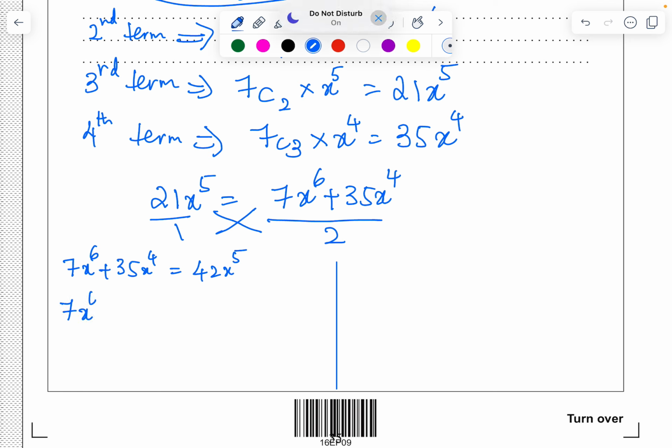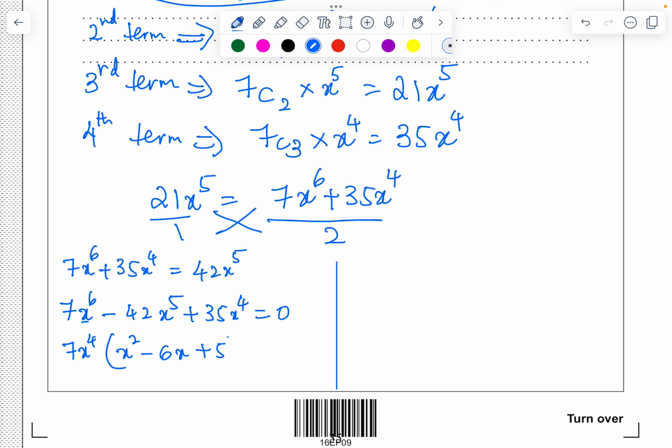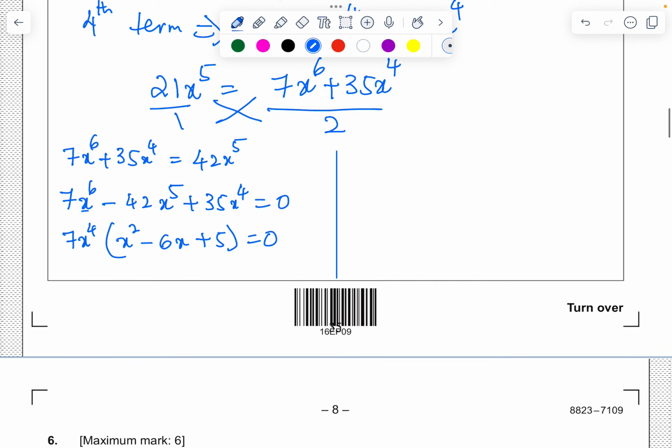So 7x to the power of 6 minus 42x to the power of 5 plus 35x to the power of 4 is equal to 0. Now I'm going to factorize. I can take 7x to the power of 4 as common. Now this gives me x squared minus 6x plus 5 is equal to 0.